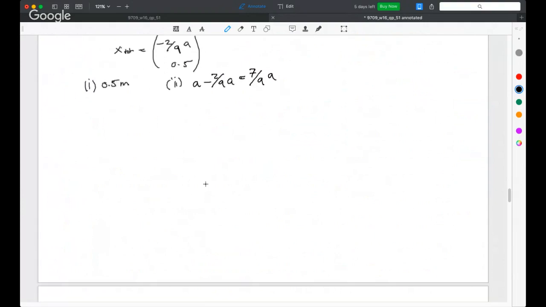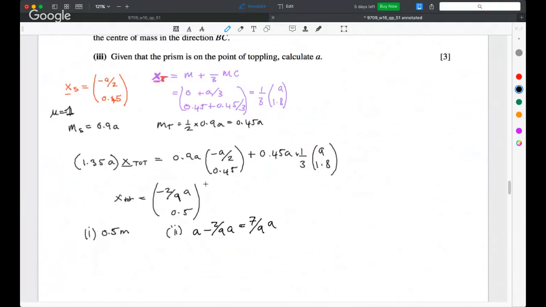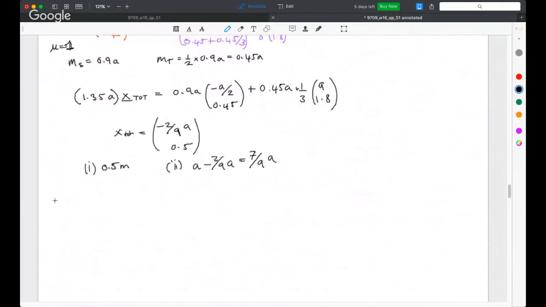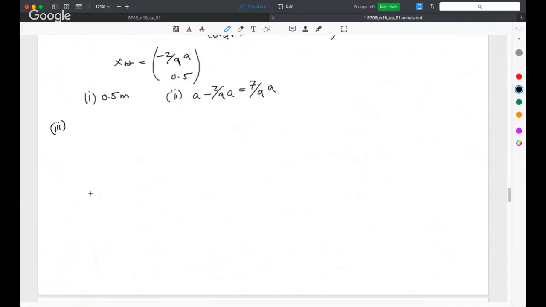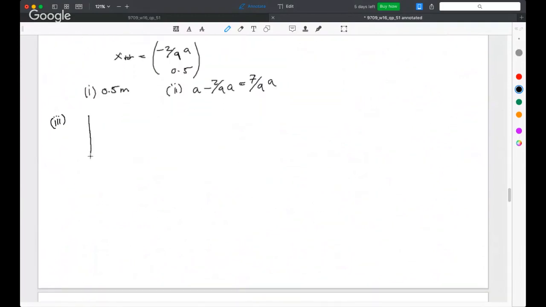Now, question 3. This is a question about torque. So I'm going to draw our little system again. Remember this was 0. So our center of mass is around minus 2/9 of a, somewhere there, 0.5.